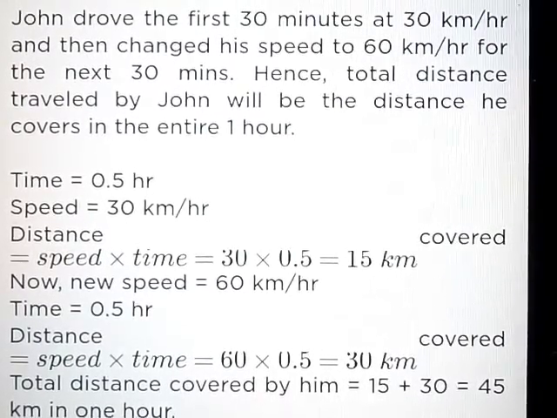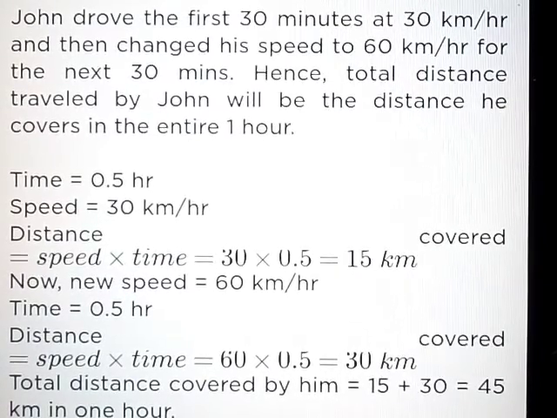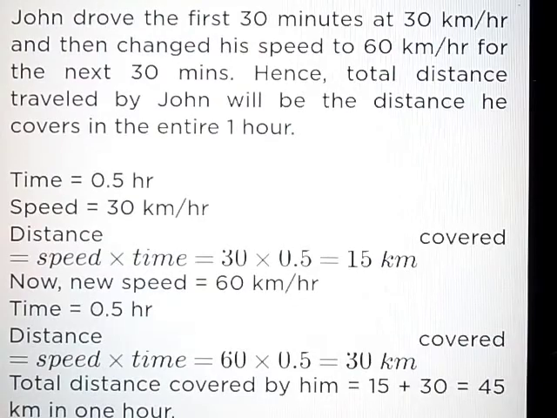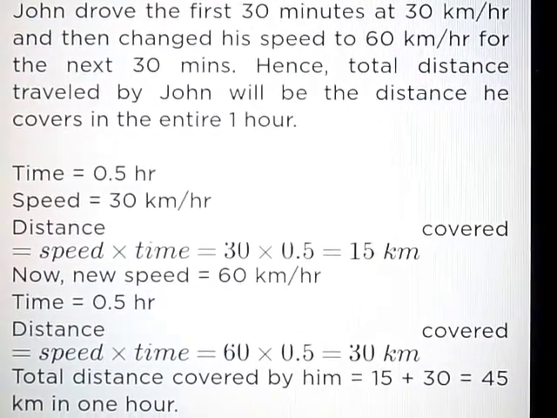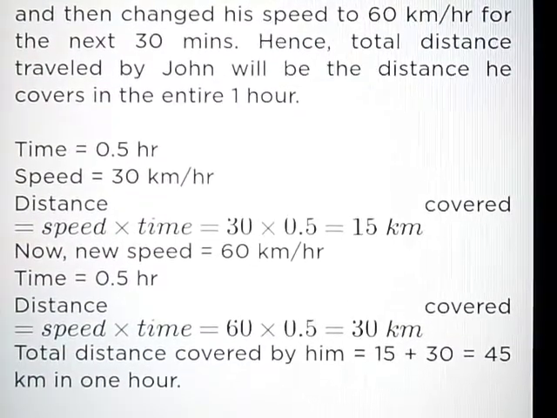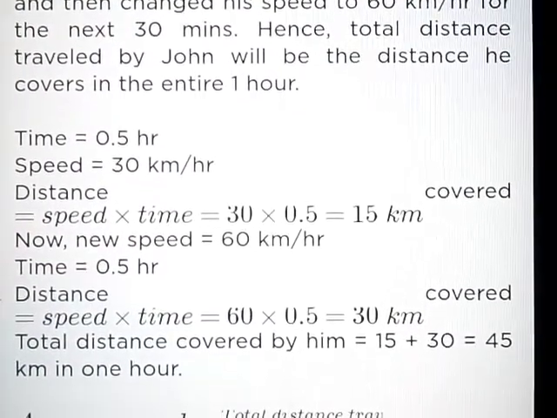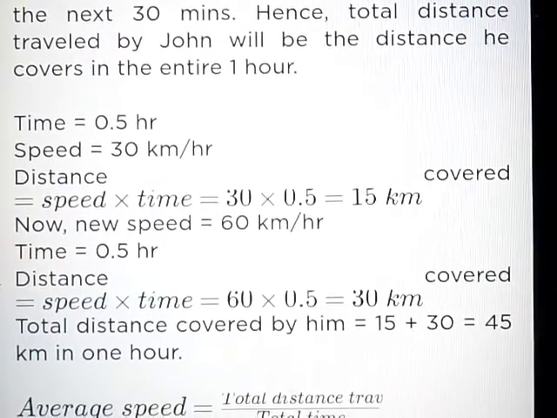Hence, the total distance travelled by John will be the distance he covers in the entire 1 hour. Time is equal to 0.5 hour. Speed is equal to 30 km per hour. Distance is equal to speed into time is equal to 15 km.